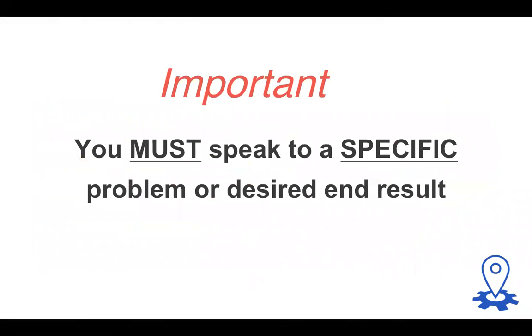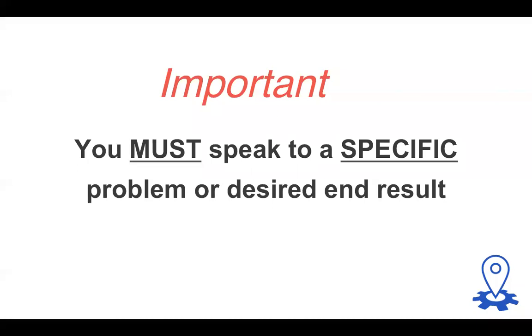There are a lot of lead magnets out there. There are a few traits that a lead magnet needs to have in order for it to be effective. It is really important that it speaks to a very specific problem or a desired end result.